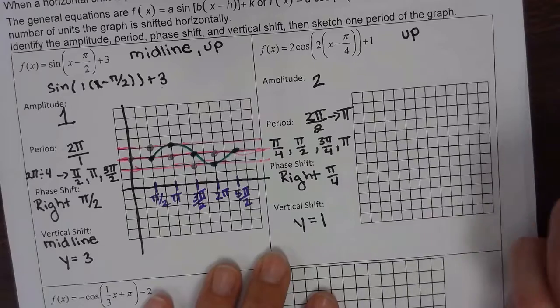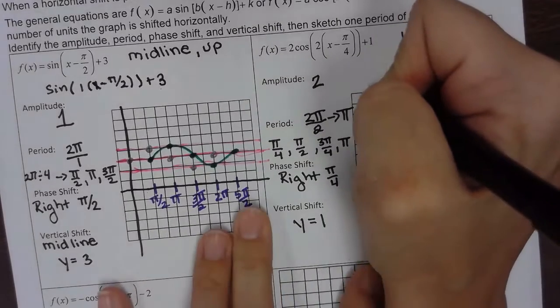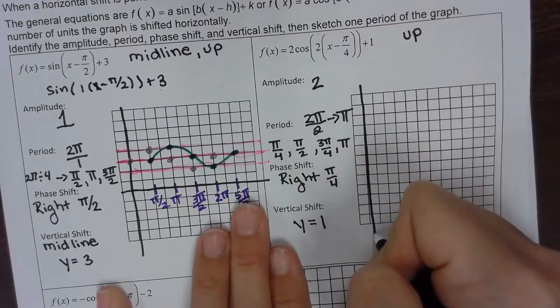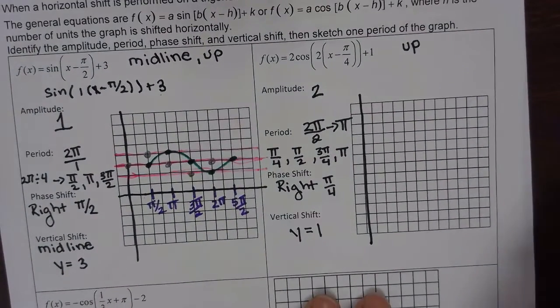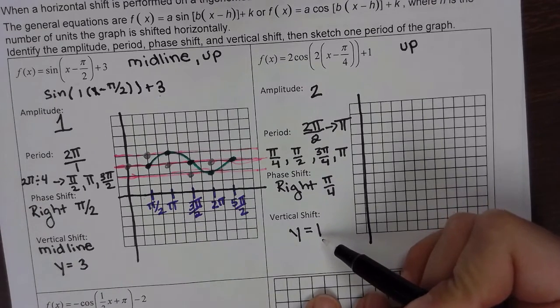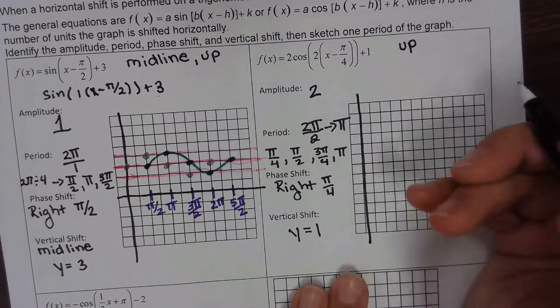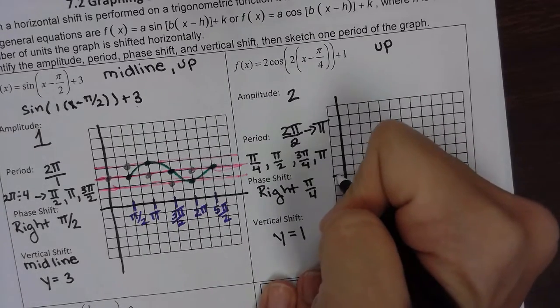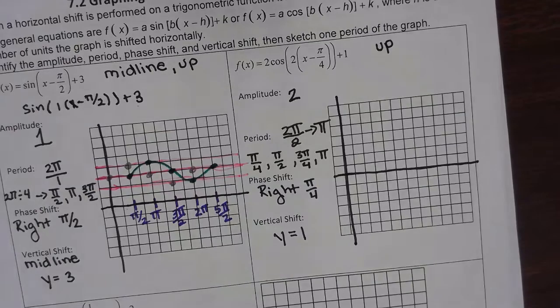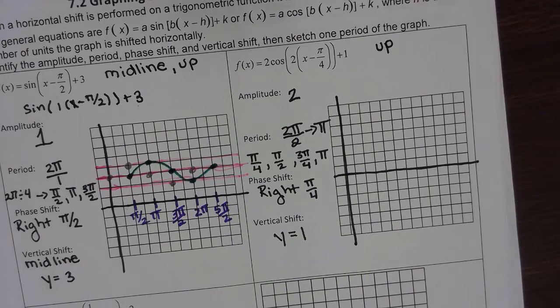We are going to the right again, so I'm going to have my y-axis close to the left side. Let's see, we are going up 1 and then amplitude of 2, so being right in the middle is okay. All right, let's see if I can get a different color instead of that pink.